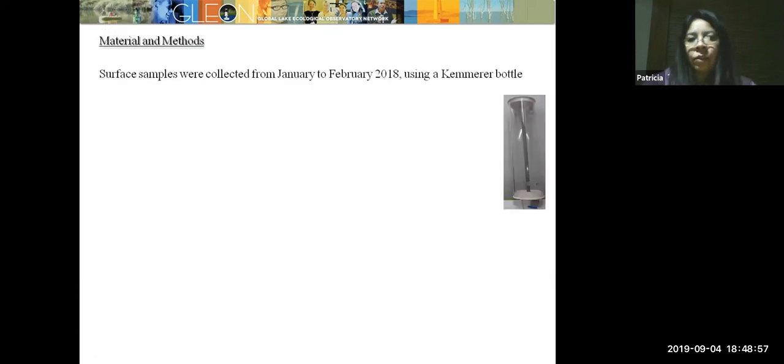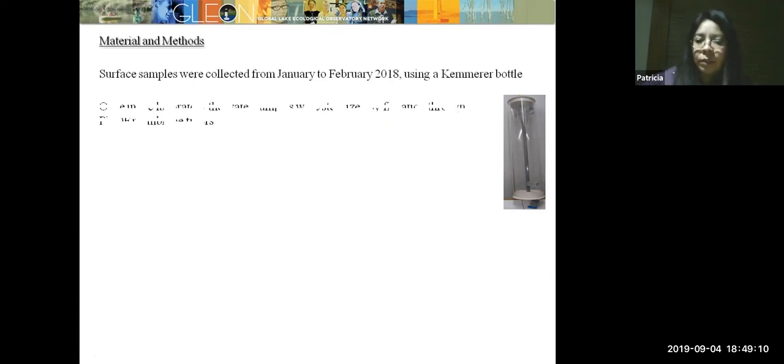I'm just going to summarize some of the materials and methods that we performed. We did surface sampling from January to February 2018 using a Niskin bottle.